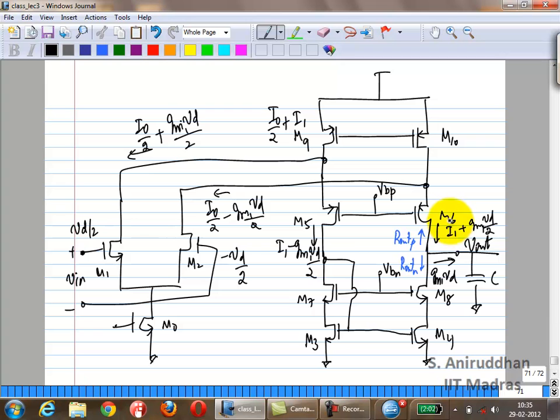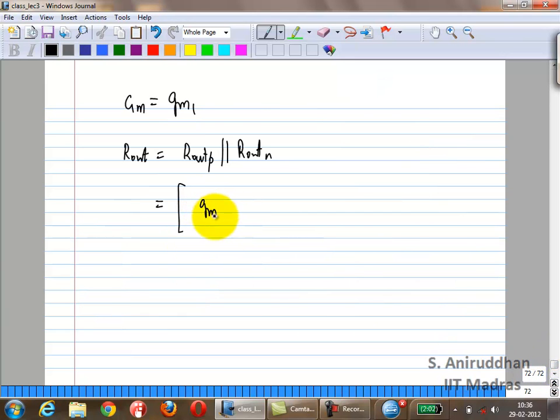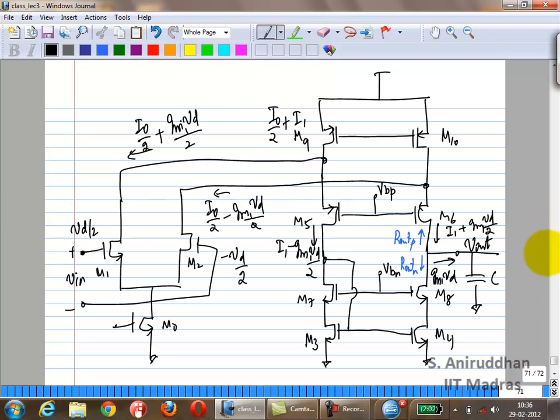GM6 R6 RDS 10. Is that all? In parallel with RDS of 2, correct? Okay, that is R out P. What is the bottom side? It's just GM8, RDS8, RDS4.